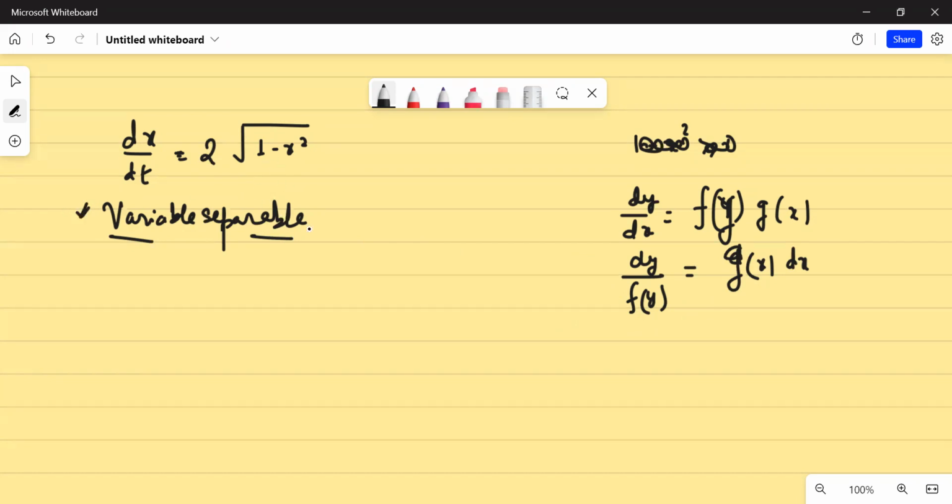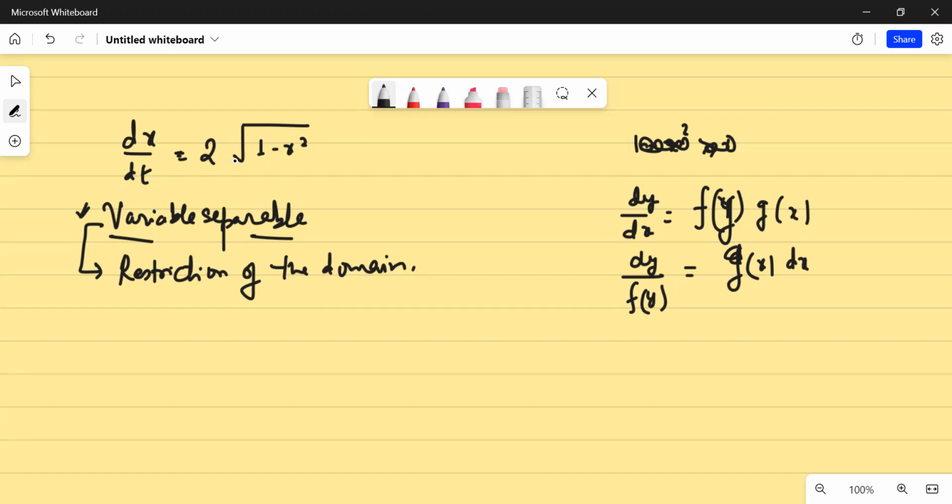Also understand that this is one kind of solution of the differential equation. With the introduction of this kind of method, there would be some restriction of the domain. Why would there be some restriction of domain?